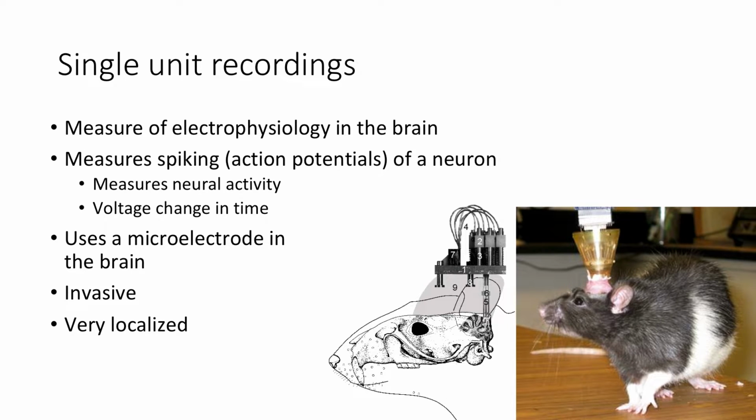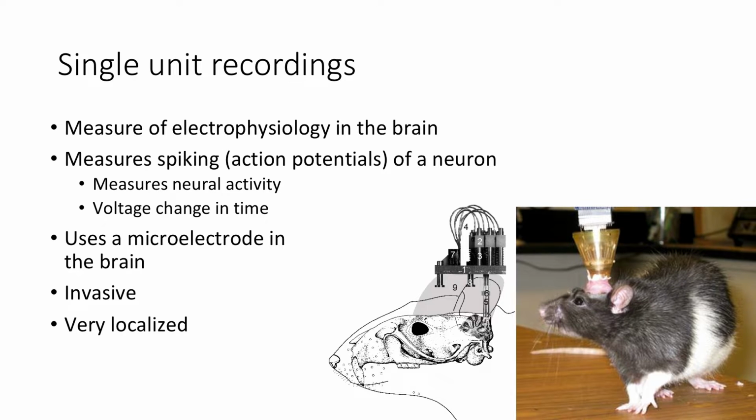Okay, so single unit recordings provide a way of measuring the electrophysiological response of a single neuron, or maybe two. In this method, researchers use a tiny microelectrode system. When a neuron generates an action potential, the signal propagates down the neuron, and this electrode can measure the action potential.